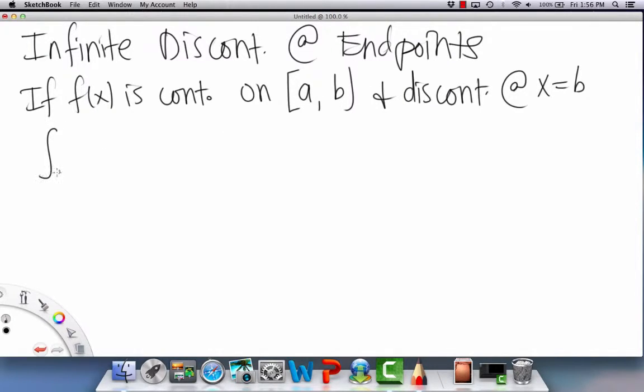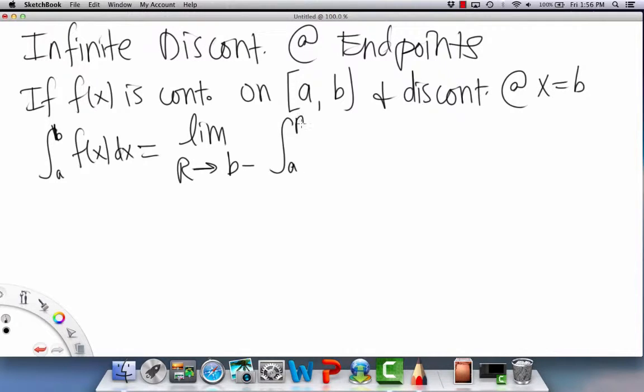Then our integral from a to b of f of x dx is going to be equal to the limit, and we're going to use r again because that's a useful variable, r goes to b minus, and I'm going to explain the notation here. Don't think that's a minus sign. Well, it is a minus sign, but it doesn't signify negative. So yeah, I'll explain that. And then a to r, because we just replaced the top, right, with r, and then f of x dx.